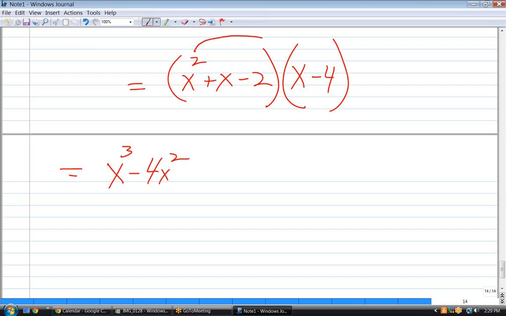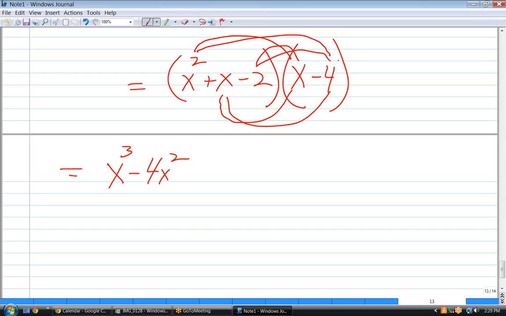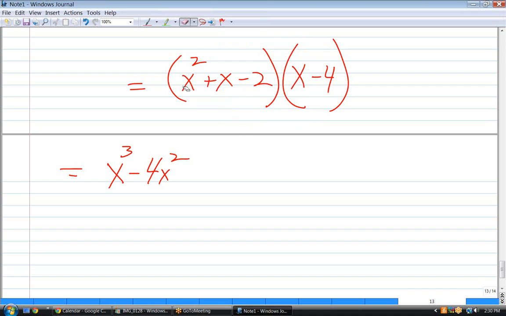When I go every term by every term, I'm going to go like this, and then like this, and then like this, and then like that. And I'm always going to maintain that pattern. I'm not going to mix it up, because when you have a trinomial times a trinomial, you have a lot of steps, and if you randomly jump around, you could forget one. So it's very important to maintain the methodology. Always take this term and multiply it by every other term, and then do the next term, and then the next.